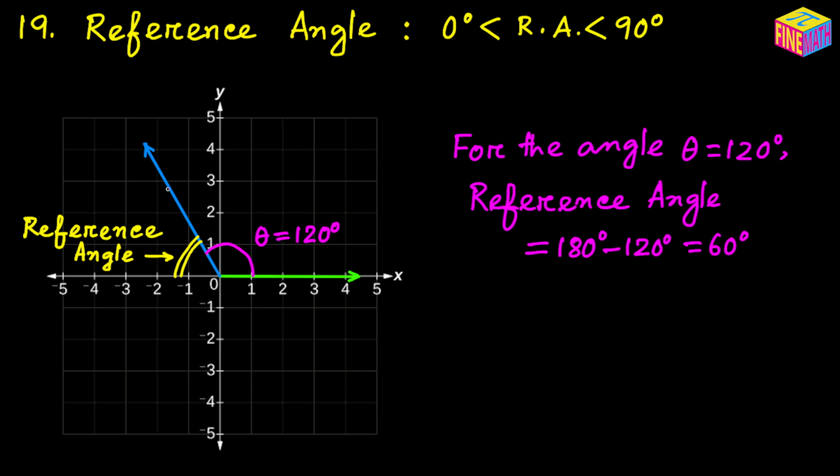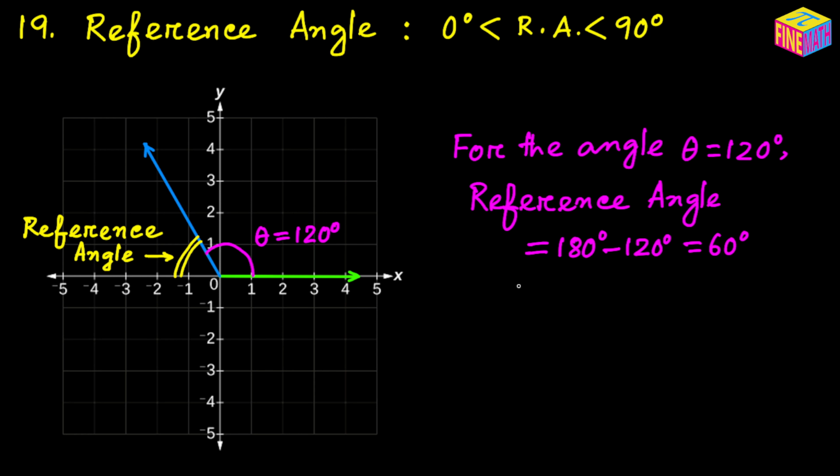Now you look at that terminal side and either of the x-axis, whether it's the positive x-axis or negative x-axis, to see if it is creating an acute angle. Here I can clearly see that the negative x-axis and the terminal side, which is the blue line, are creating an acute angle. So that acute angle will be called the reference angle for 120-degree. So for the 120-degree angle, the reference angle will be this angle which is between the negative x-axis and the terminal side of that angle.